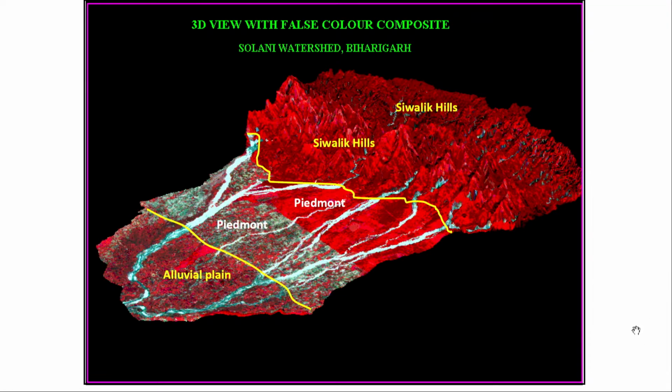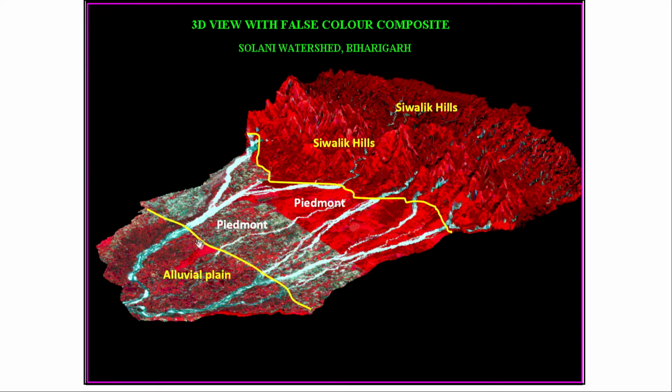Here I have shown you satellite data in 3D of that area, and you can see this area is the Shivalik hills, because you are seeing the topography, and this is the foothills, and this is the alluvial plain. Here you see the river, and from this point the water is appearing in the river.